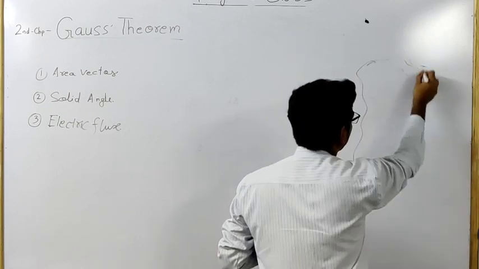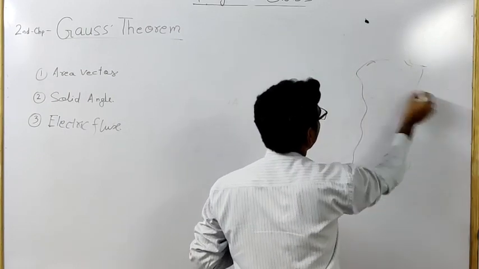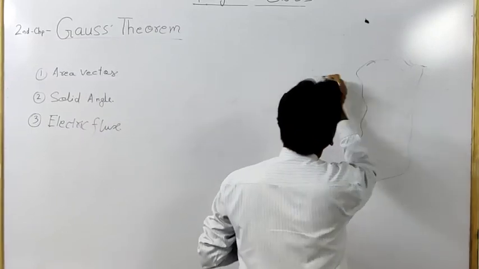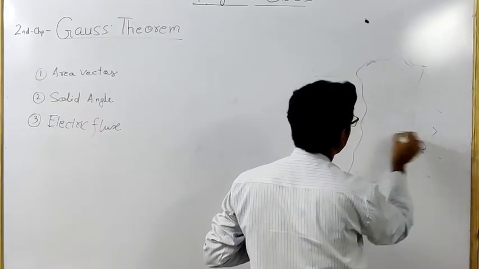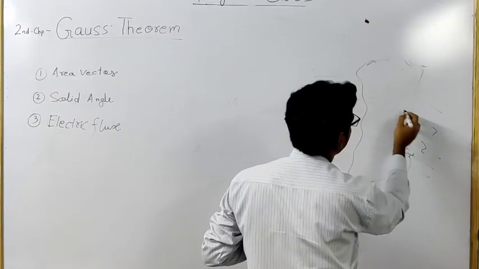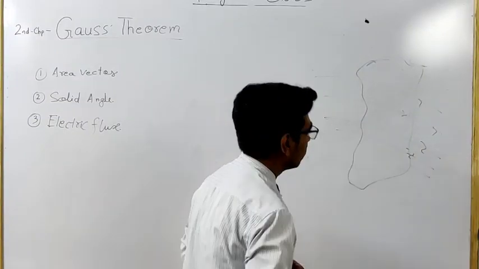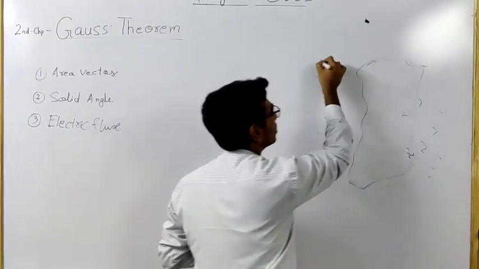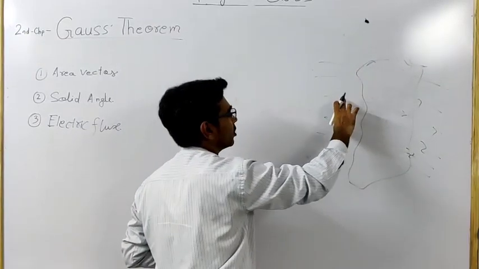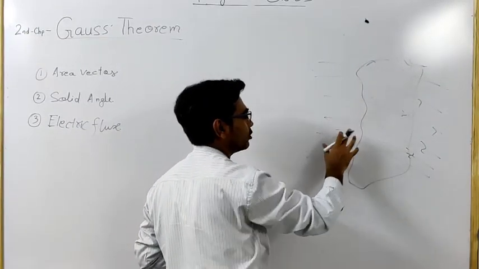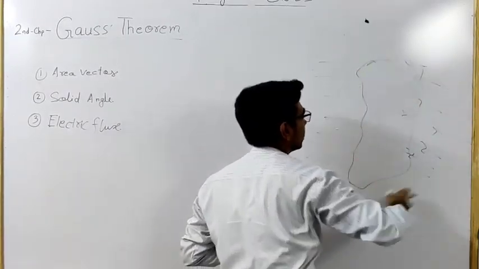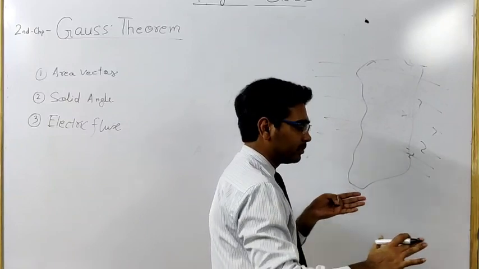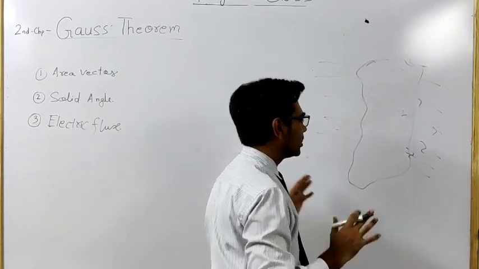We have taken one arbitrary surface, and these are the lines of forces. Okay, we are taking the general case. These lines of forces are not equally separated, so it is a non-uniform electric field, and this total surface is also not properly flat. It is our general case.